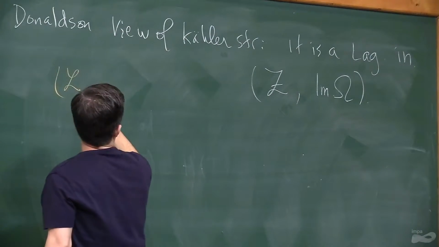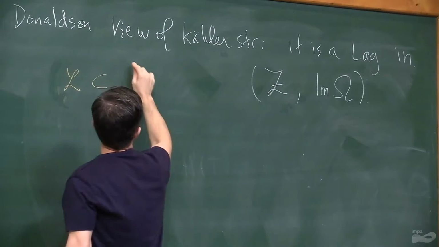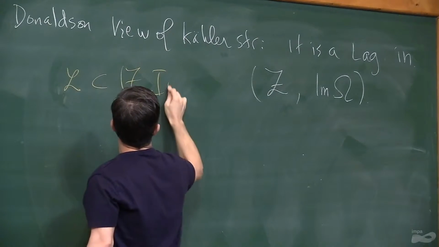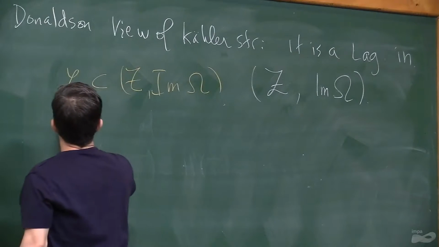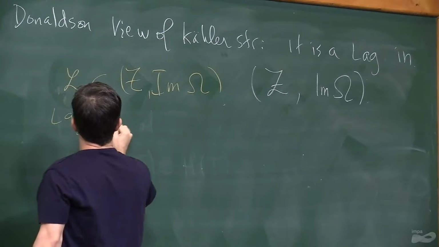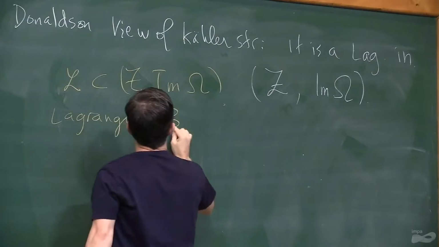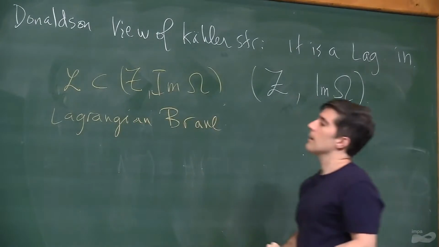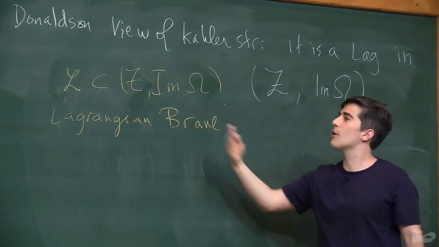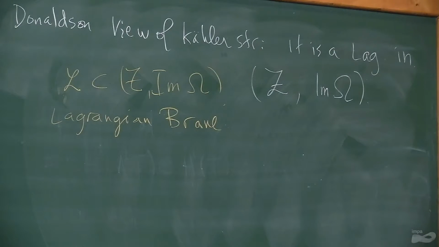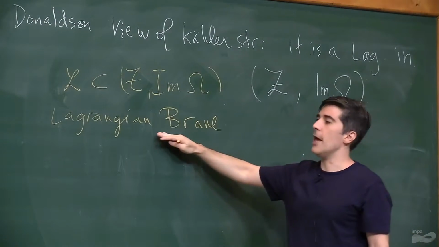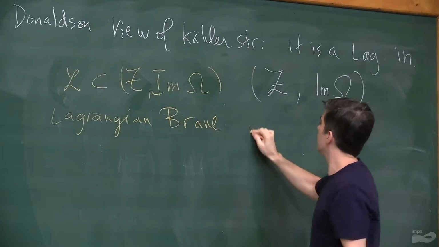Okay. So this L inside Z is a Lagrangian brane. It's fashionable to call Lagrangians branes because they're boundary conditions for the A model in physics. So they're elements of the Fukaya category.